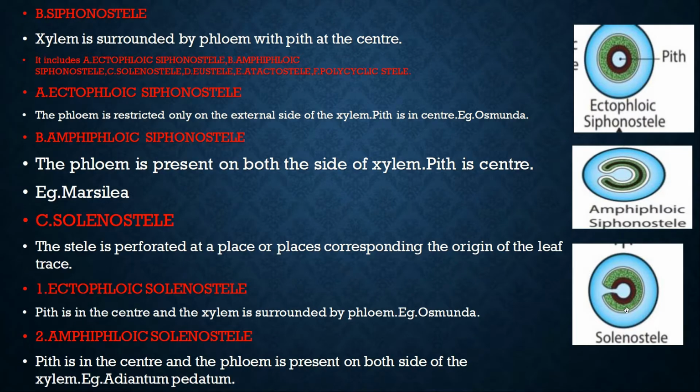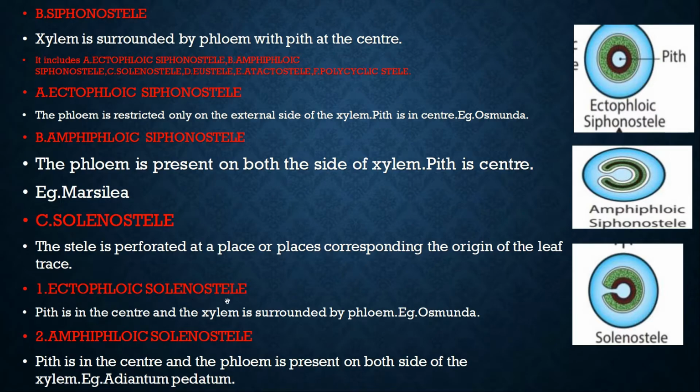Solenostele. The stele is perforated at one place or many places corresponding to the origin of the leaf trace. So where the leaf will originate in the stem, there the stele will be perforated. And this is again classified into ectophloic solenostele and amphiphloic solenostele.